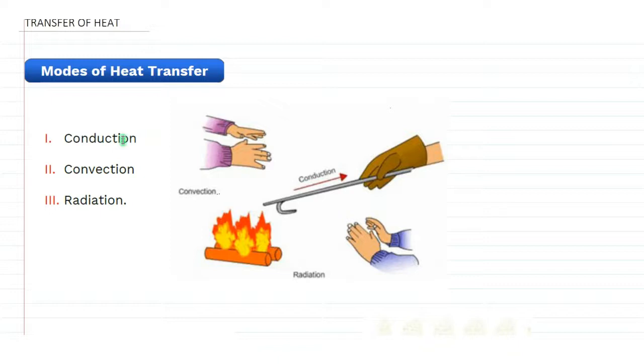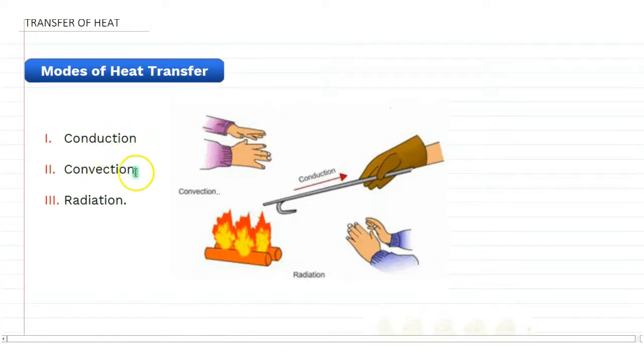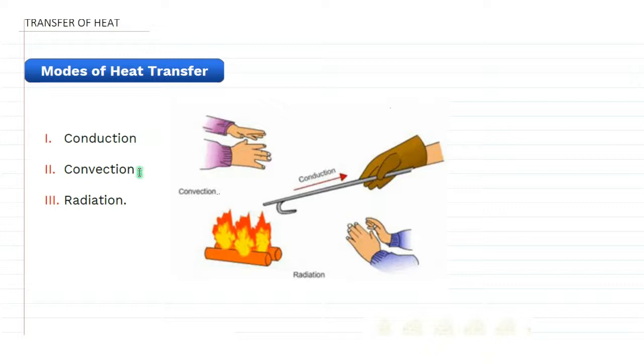This heat energy is transferred from the lower surface to the upper surface of the container by the process of conduction. Convection is the process through which the medium can move and transfer the heat.